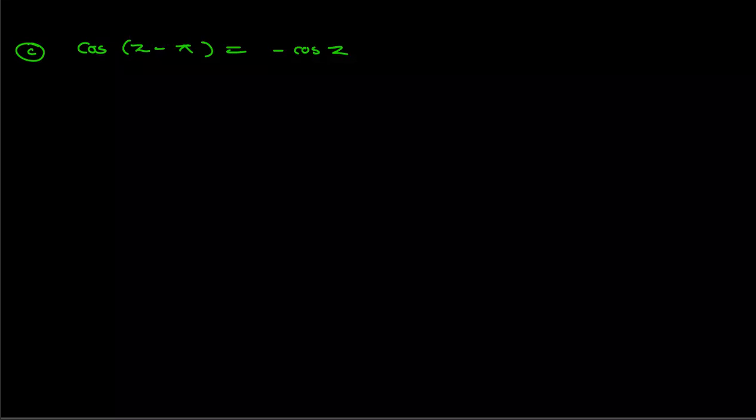So as usual, when you have cosine, the identity cos(A minus B) is going to be equal to, cosine actually changes the sign. I said that cosine is more selfish, so we are going to have cos A cos B, now positive there, then sine A sine B. In this case, our value of A is z and our value of B is pi.